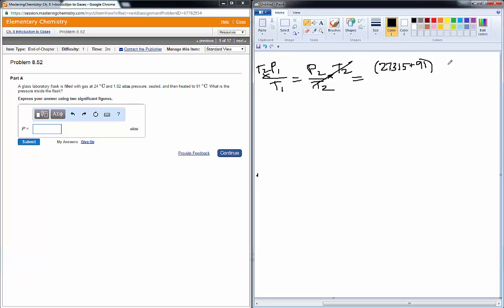All right, so the final temperature was 91 plus 273.15. That's going to make it Kelvin. And the initial pressure, 1.02 atmospheres. And the initial temperature was 24 degrees Celsius. Again, that's going to convert the Celsius to Kelvin, so our Kelvins will cancel.